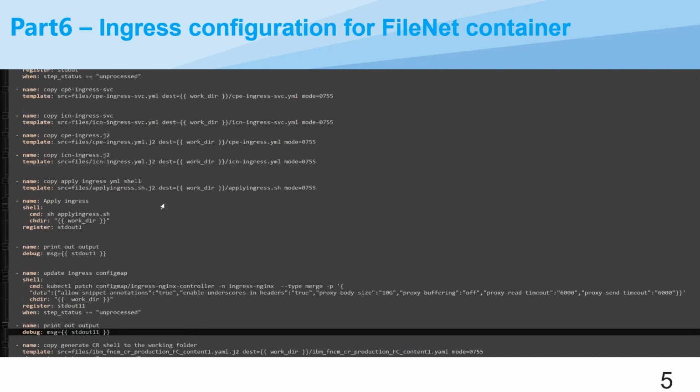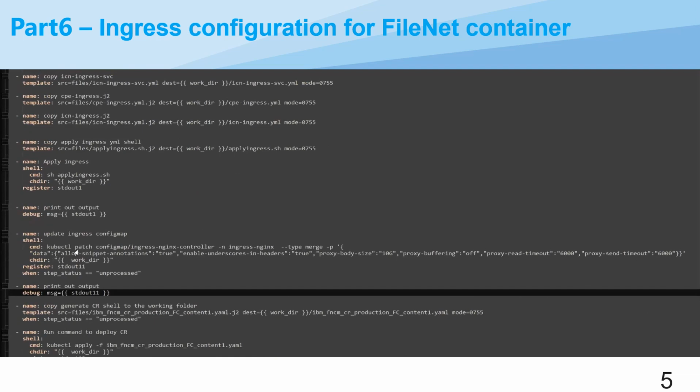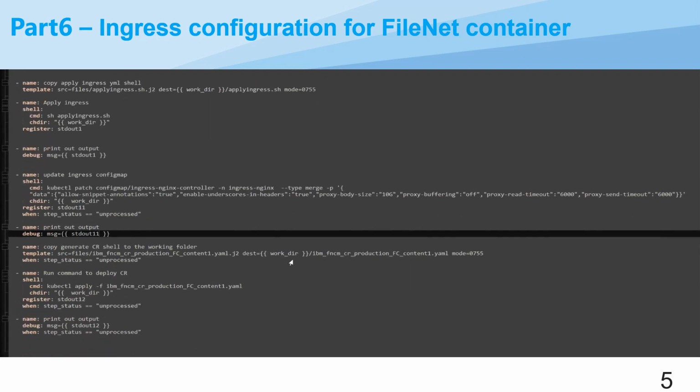And for the ConfigMap, you can use kubectl patch configmap and also use the merge type to add those parameters into the ConfigMap.